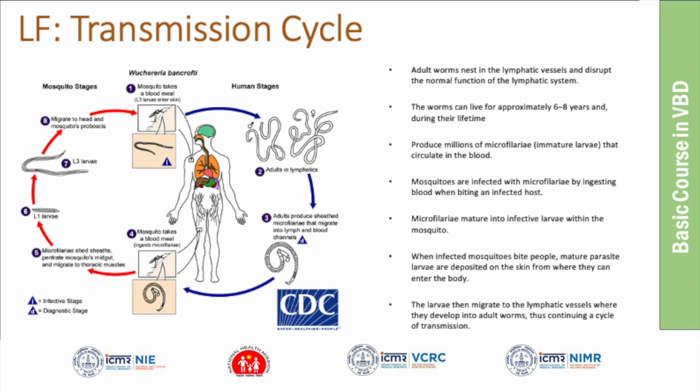It undergoes further development and migrates to the lymphatic vessels. It goes into the L4 stage and then matures into an adult worm. Then the male and female mating takes place in the lymphatic system, lymph vessels or lymph glands, and again they produce microfilariae. Thus the transmission cycle continues.